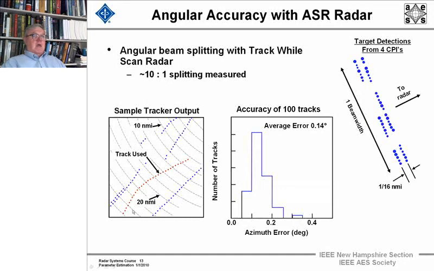Okay? And let's look at just one of the measurements in that track. And this is what the detections will look like from one aircraft as it's seen by one beam width.